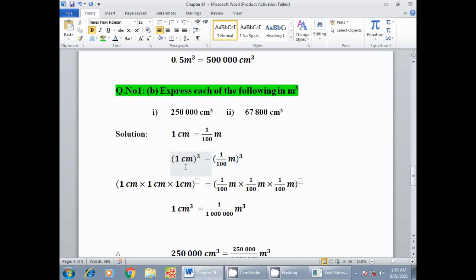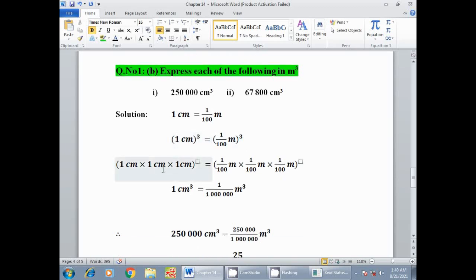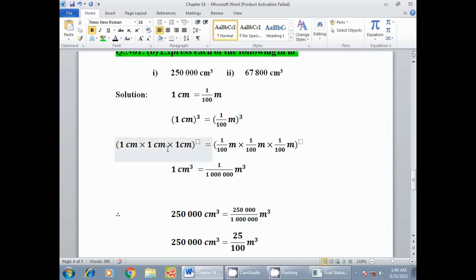Expanding left and right side, 1 centimeter whole cube can be expressed in the form of 1 centimeter times 1 centimeter times 1 centimeter. Same as the right side, 1 divided by 100 meter times 1 divided by 100 meter times 1 divided by 100 meter is the expanded form of this 1 upon 100 meter whole cube. By taking the product of left and right side, 1 cubic centimeter equals 1 divided by 1 million cubic meters.